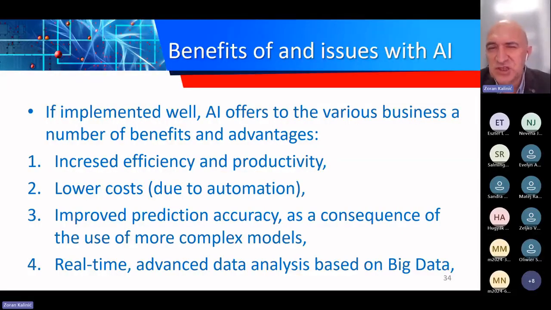For prediction purposes, generally AI solutions have much higher prediction accuracy. Why? Because they are usually based on very complex models. For example, there were prediction models previously, but many statistical models are based on linear techniques.